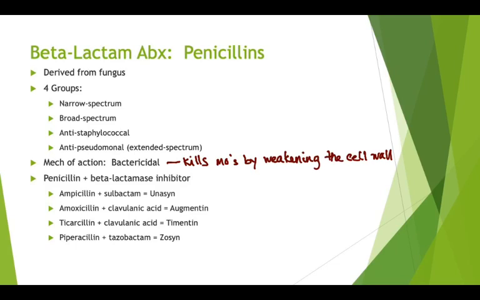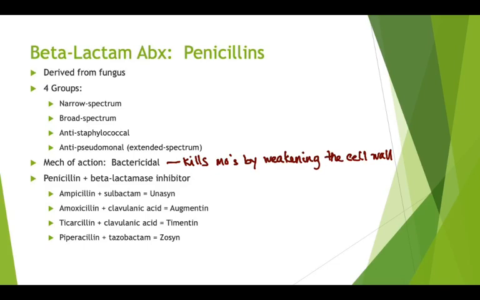So the bacteria that cause strep throat, these are meds that we would use for that. The way they work, these are bactericidal. So unlike the other one, which just slowed the growth, your bactericidal actually kill the organism. And the way they work is they weaken that cell wall.